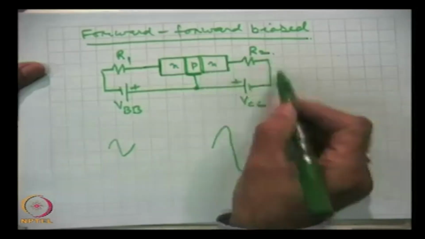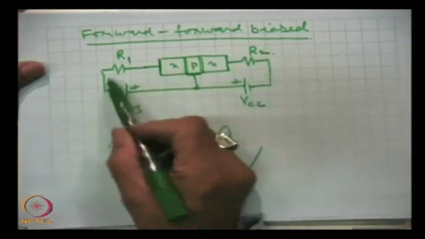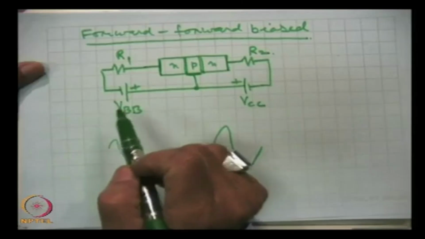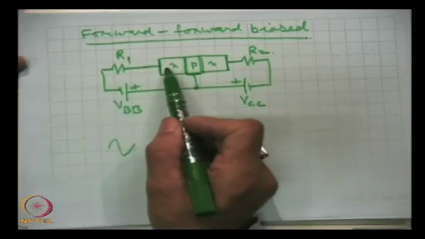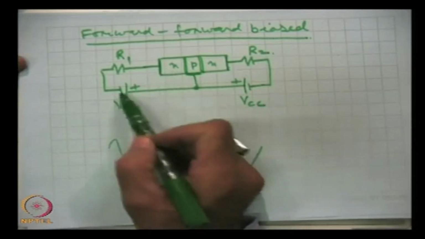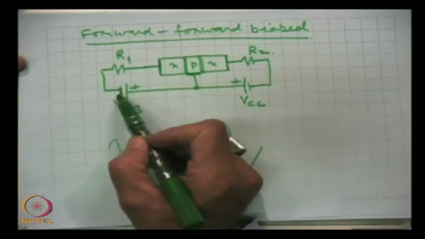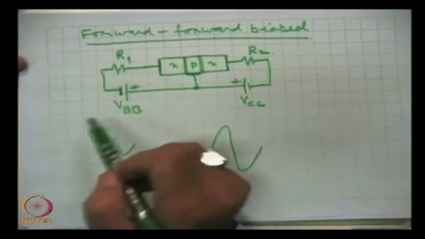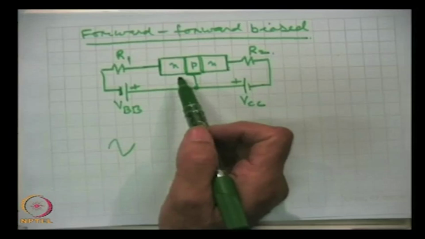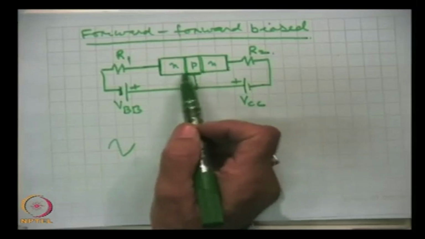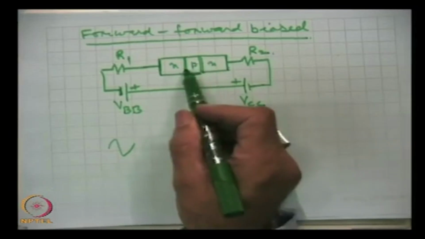In this case of forward bias, for the time being we forget about the collector circuit, and we talk about the emitter. The emitter junction is forward biased. This N type semiconductor is connected to the negative of the battery. What will happen? This will reduce the barrier height we have discussed.